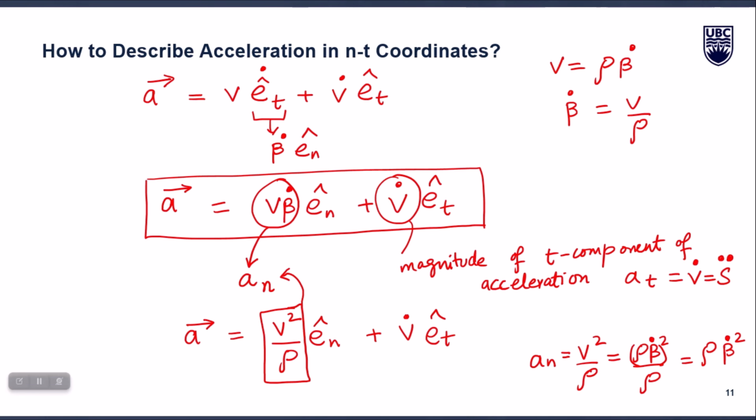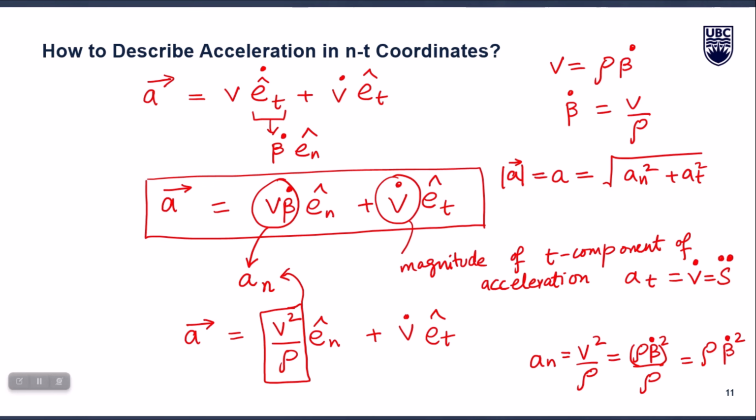Finally, if we have written acceleration as a sum of two vectors, one along t, one along n, we can also write that the magnitude of the acceleration vector will be simply a, and that will be the square root of a sub n square plus a sub t square, right? So I can determine the n and t components of acceleration at any given time using any of these expressions, and then put them in that equation to determine the acceleration amplitude or magnitude, right?